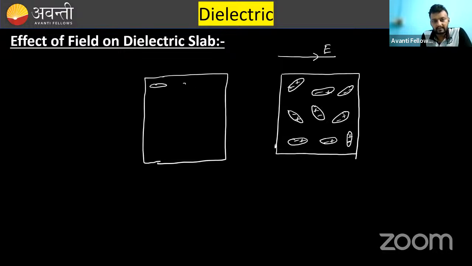Every molecule will be arranged something like that, negative, positive, negative, positive, negative, positive, external field E.